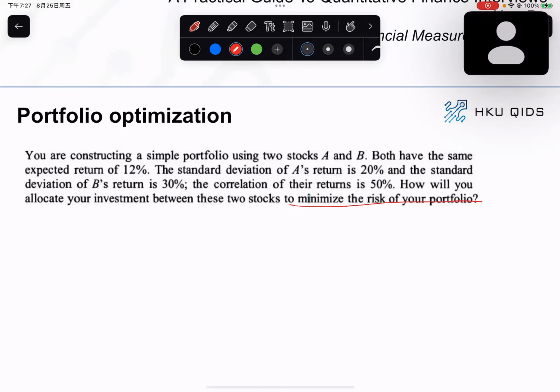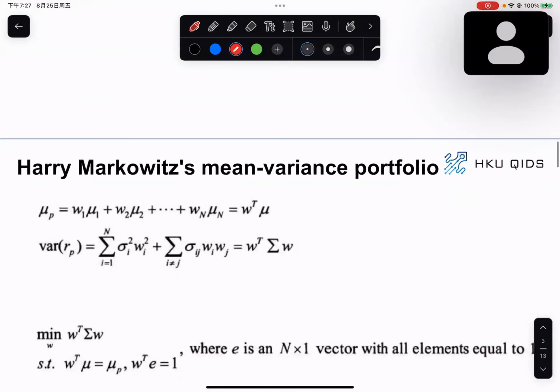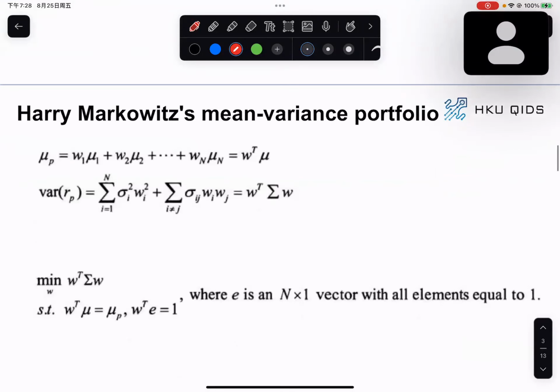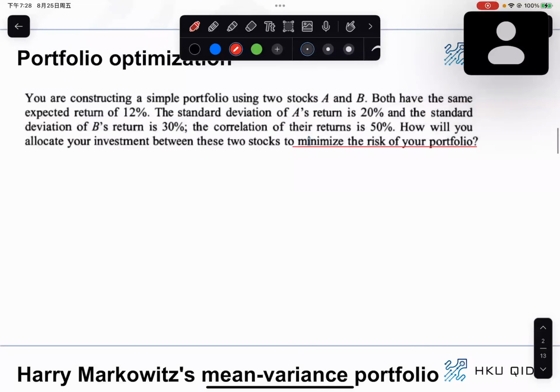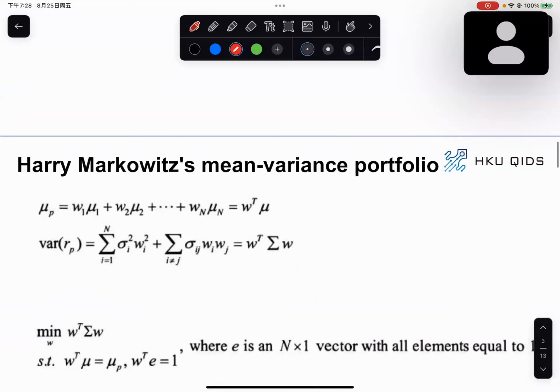First, before solving this specific question, let's review the most classic and well-known Harry Markowitz mean-variance portfolio. It argues that there is a portfolio whose risk is minimized.